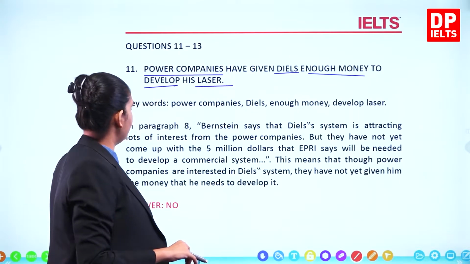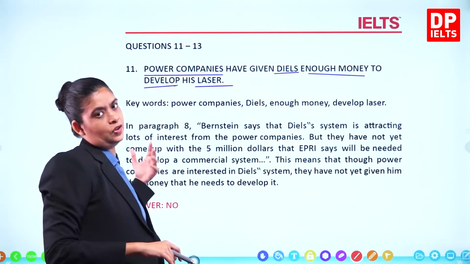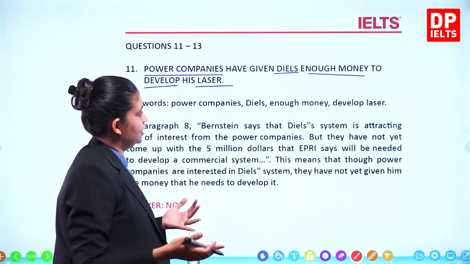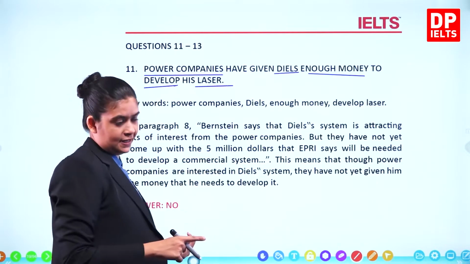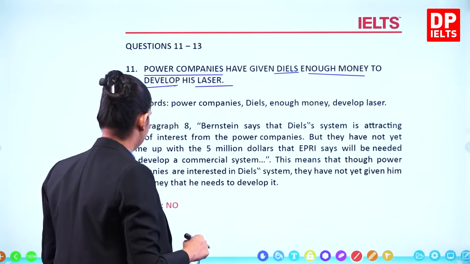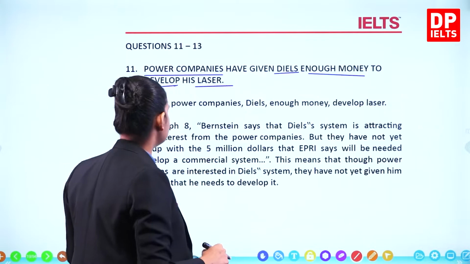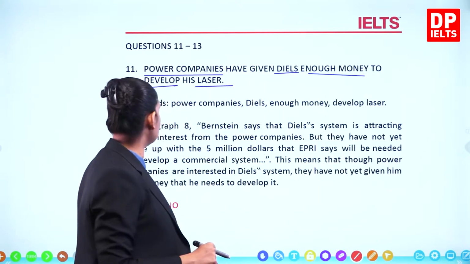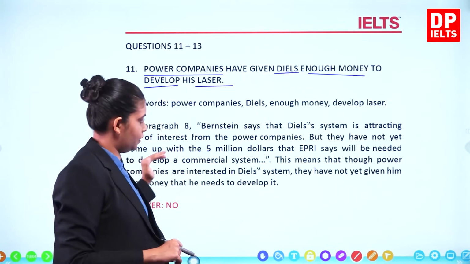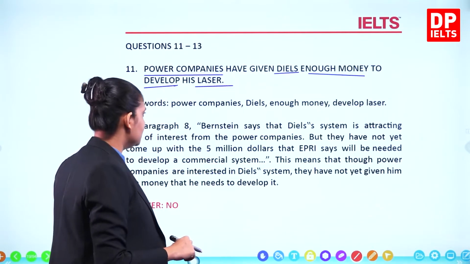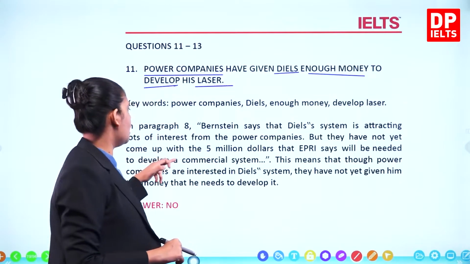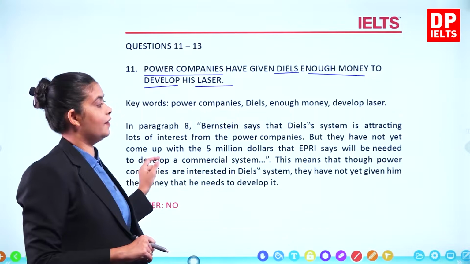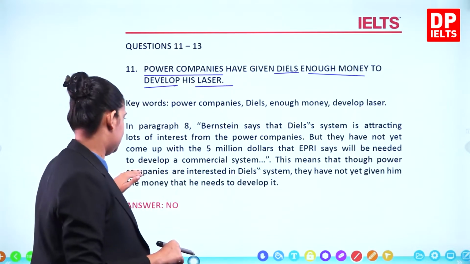If you go to para 8, now you have to say is it true, false or not given, yes, no or not given, right? So power companies have given Diels enough money to develop his laser. Now let's have a look at the answers. In para 8 it says, Bernstein says that Diels system is attracting lots of interest from power companies, but they have not yet come up with the $5 million that EPRI says will be needed.